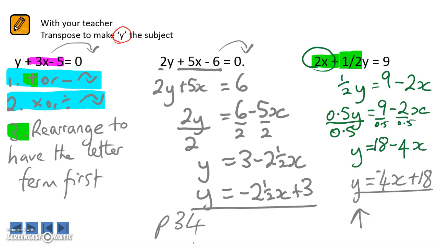They are challenging, and you need to make y the subject. And if you can do those, have a go at 15. This time they're a little bit different on page 34. Instead of x's and y's, they're just d's and t's and s's and things like that. But remember your rules that we learnt here on the left-hand side of your page.